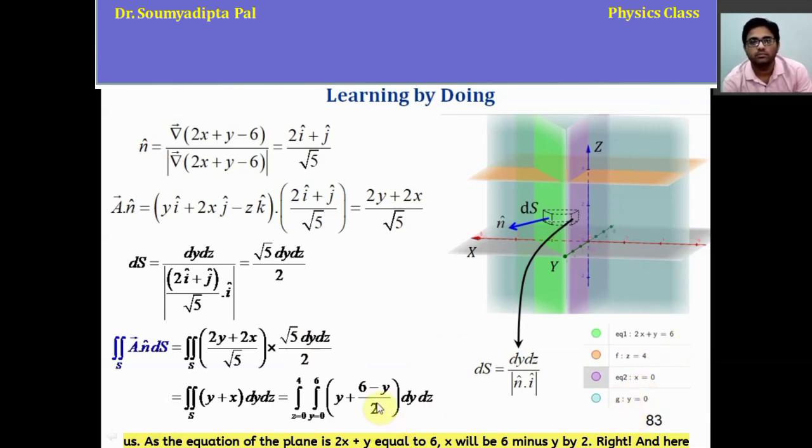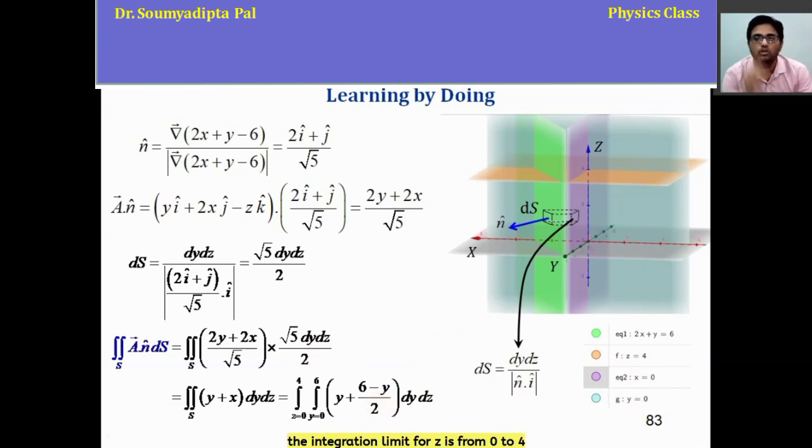Here the integration limit for z is from 0 to 4, because the plane 2x plus y equal to 6 is cut off by the z equal to 0 plane and the z equal to 4 plane, as we are in the first octant.